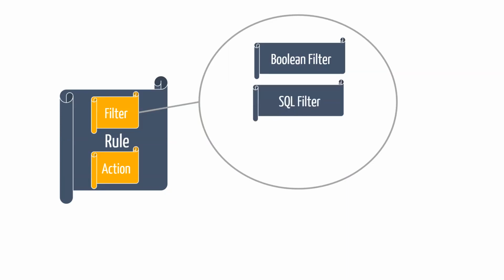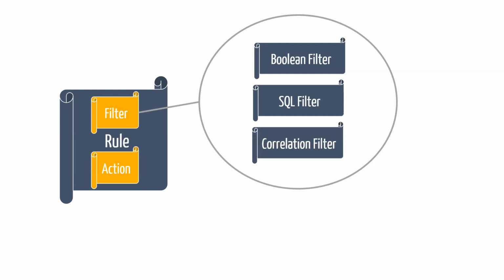Then there is the SQL filter, which is the most powerful filter you can imagine, because it allows you to have a SQL-language-like subset of filter conditions, like, for example, EXISTS, IS NULL, logical NOT, AND, and OR. And you can do simple numeric arithmetic and simple text pattern matching, like, for example.